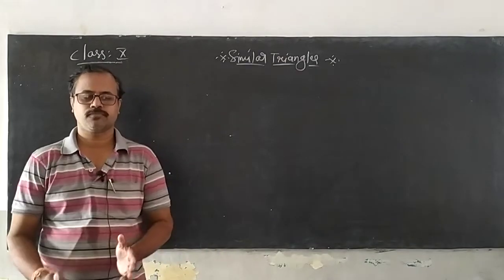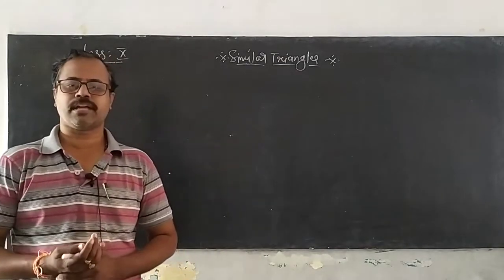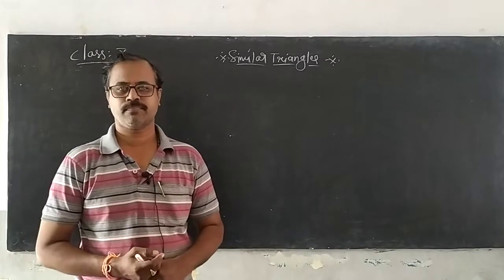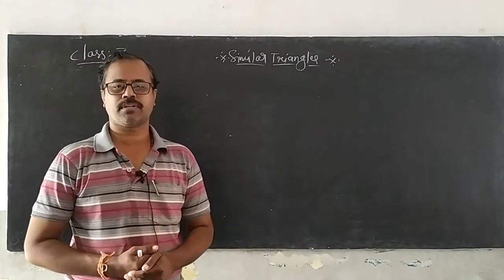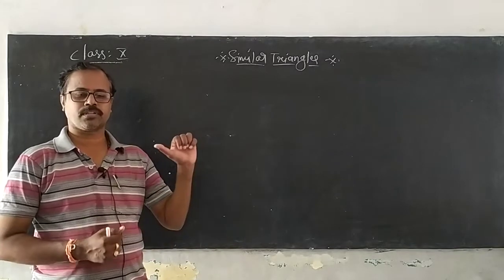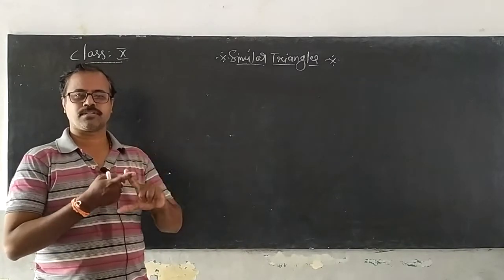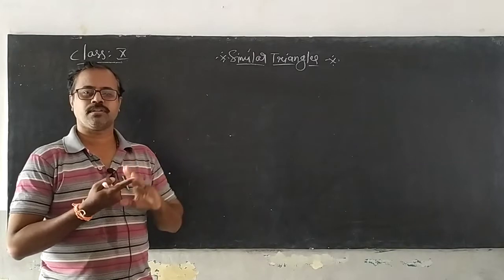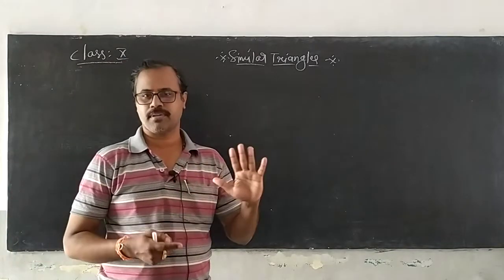So at last we are at the end part of the triangles, similar triangles. In the previous class we completed the different parts of the compound statements. What are they? Negation, conjunction, disjunction, implication and bi-implication.